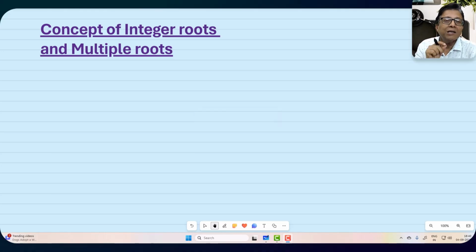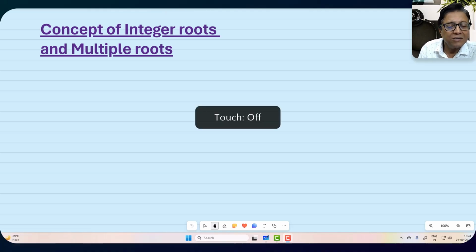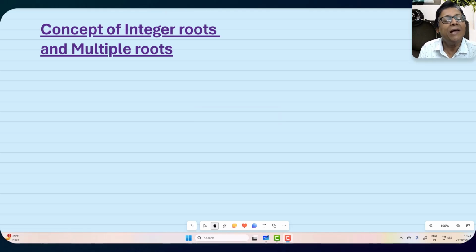No, here in today's class we are going to learn a technique which will help us to decide the root and whether it is integer or multiple, that we'll be able to determine. Okay?